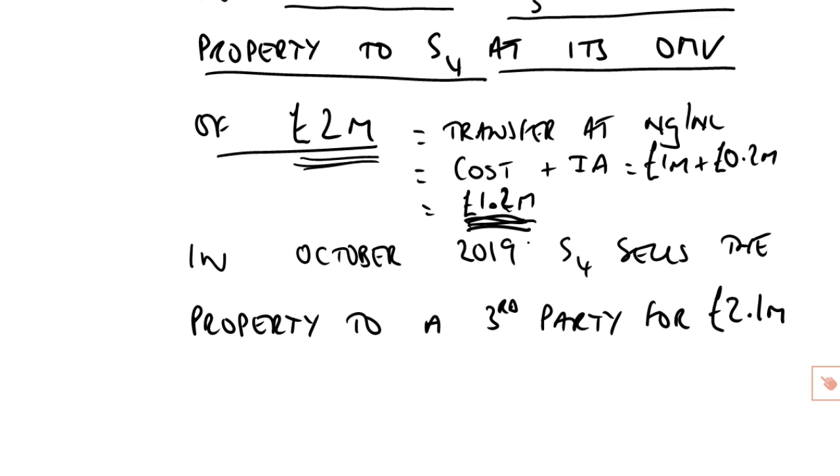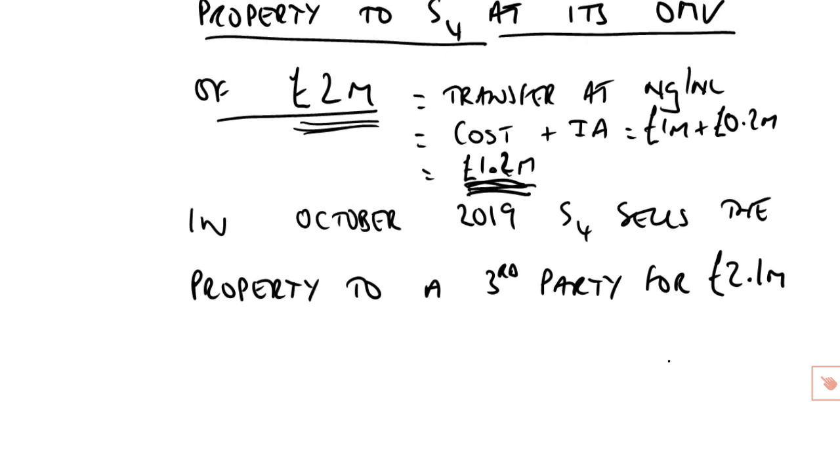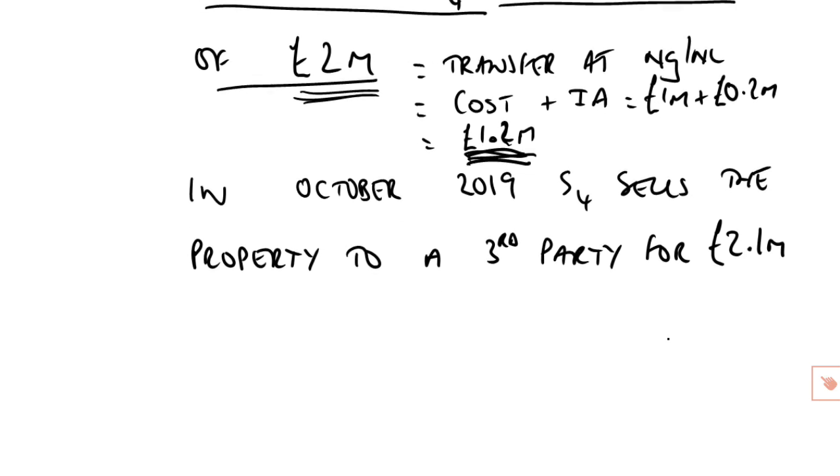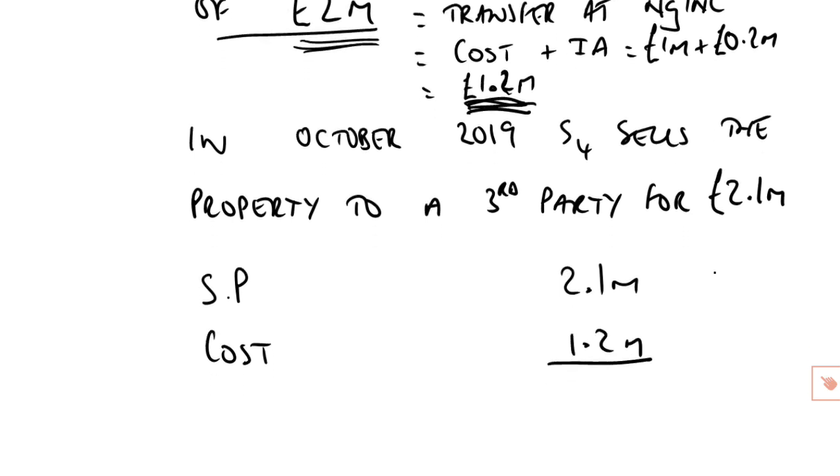So in October 2019, S4 sells the property to a third party, i.e. an unconnected party, presumably an unconnected company, for 2.1 million. So how will we then compute the chargeable gain for S4? Sales proceeds, £2.1 million. Cost as a result of the no gain, no loss transfer, 1.2 million.